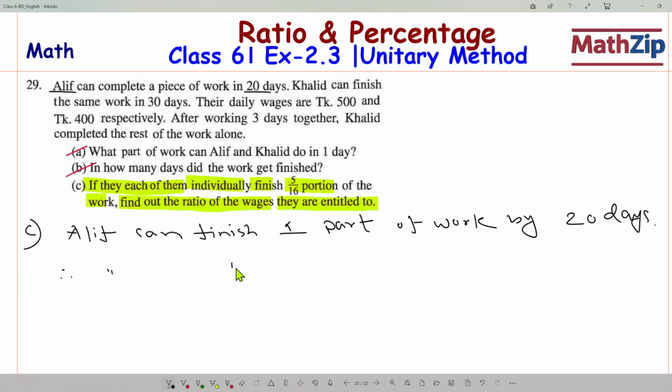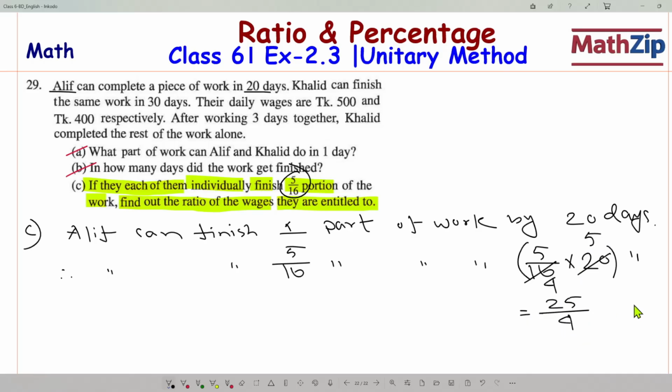So Alif can finish, here 5/6 portion is mentioned, it means 5/6 part of work. So 5/6 times 20, right? So what will be the answer? We can divide this by 4. So 6 divided by 4 is... 25/3 days.